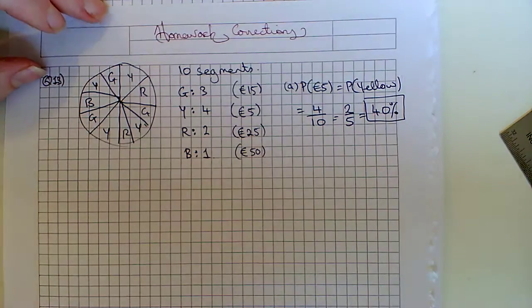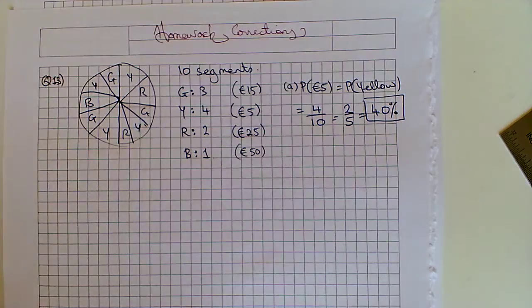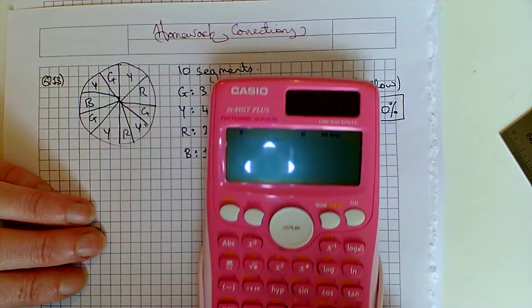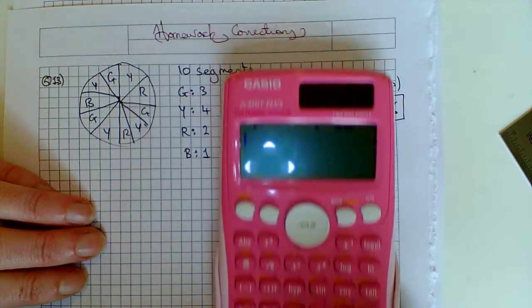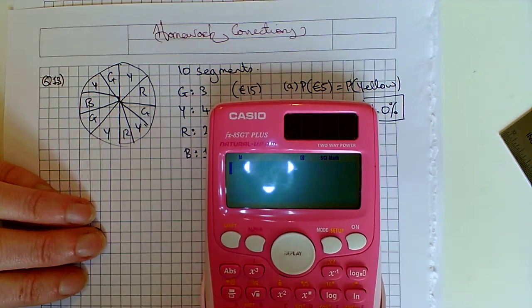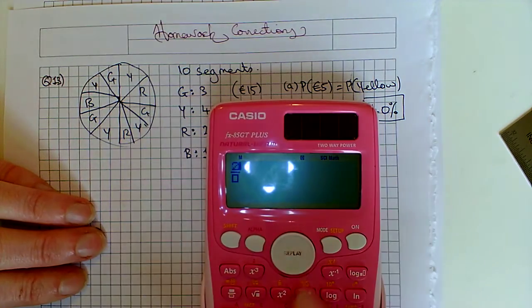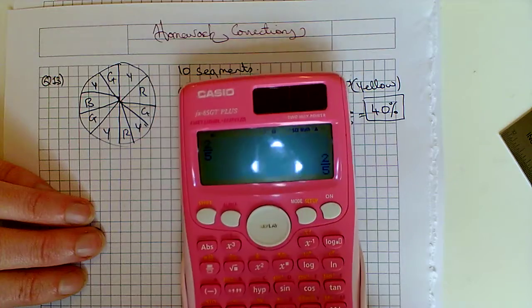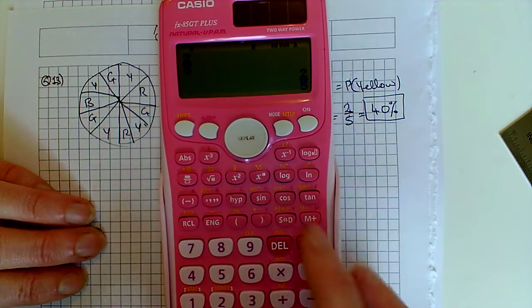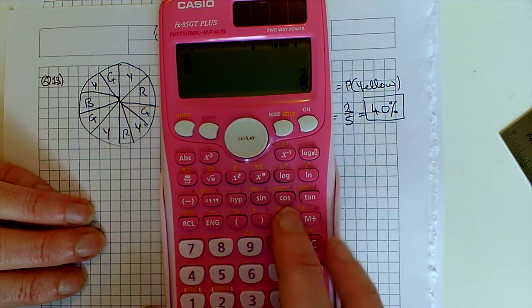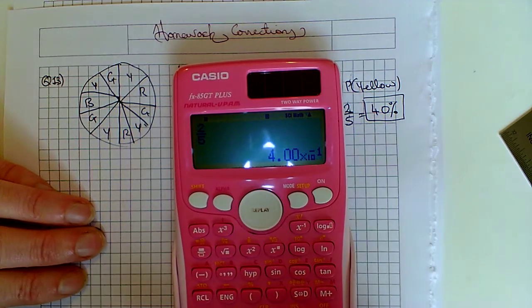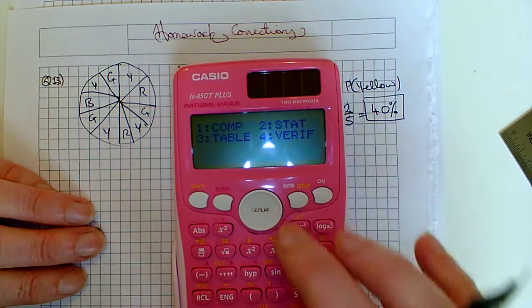Just a quick reminder, because somebody did ask me this the other day: how do we use our calculator to change a fraction to a percentage? First of all, you put the fraction into your calculator, press the fraction button, 2/5, like that, press equals, and then you need to use the change button on the Sharp or the SD button on the Casio. Now my calculator's in scientific mode.